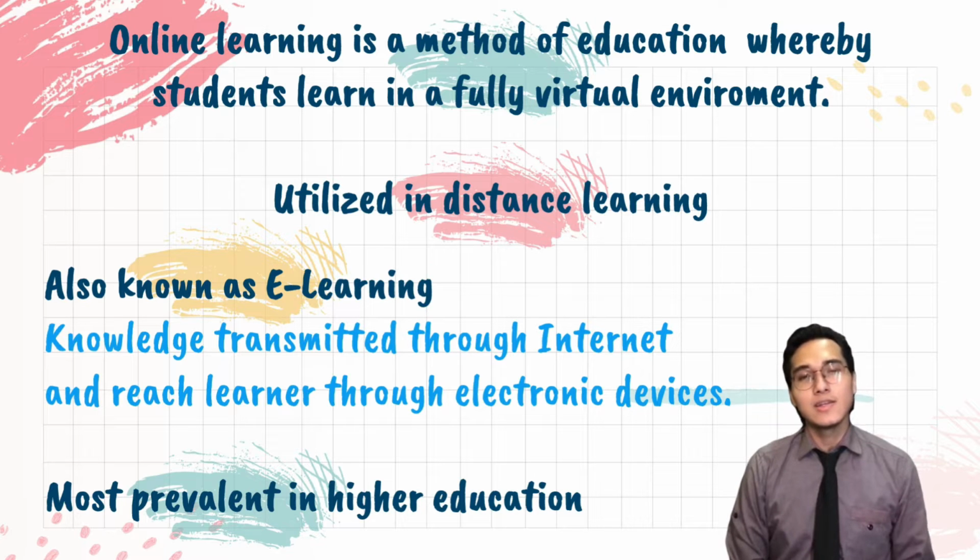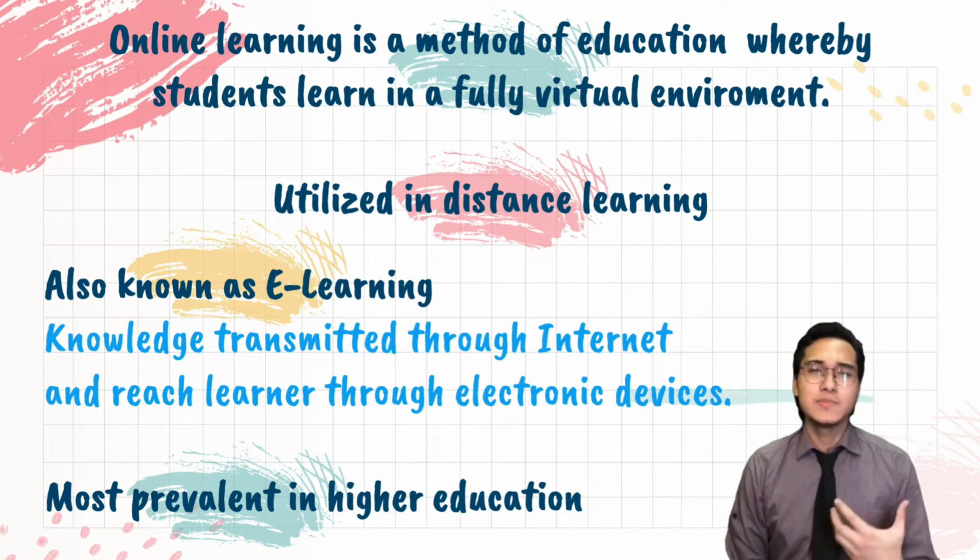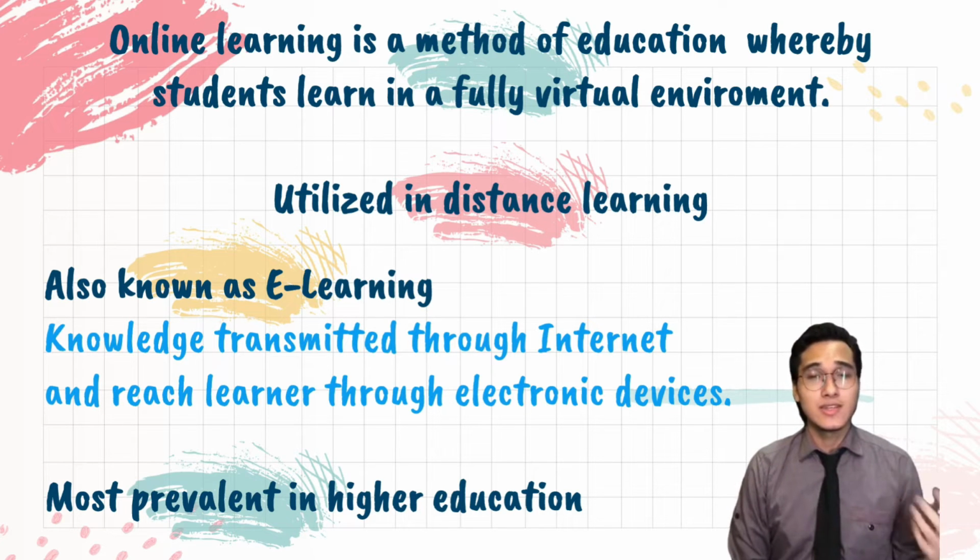Next, online learning is also called e-learning. So, what is the true meaning of e-learning? E-learning is the education content stored or recorded in electronic or digital mode. Then, it is being transmitted through satellite or airwave or even internet and reaches students through various devices like TV, radio, mobile phone, computer and other electronic devices.